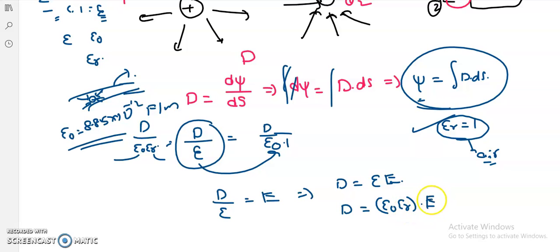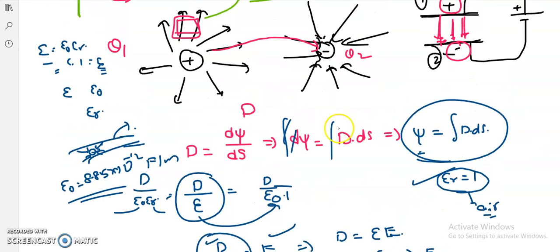So the electric field intensity can be defined as the ratio between the electric flux density and the permittivity.